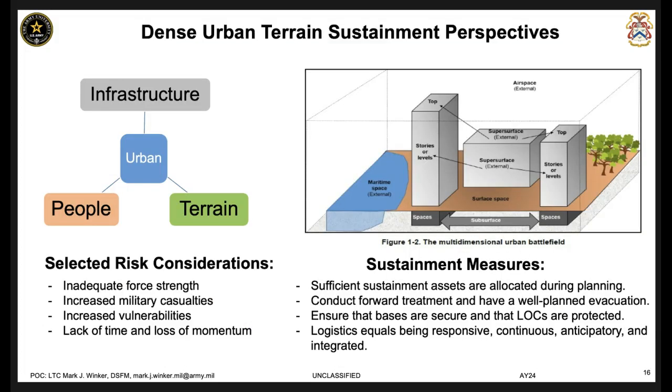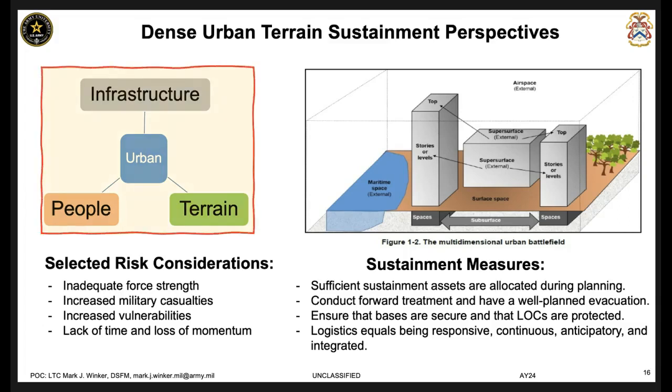This slide provides an overview of sustainment perspectives in dense urban terrain. It features a diagram linking infrastructure to urban, which then connects to people and terrain, highlighting key components of urban operations.